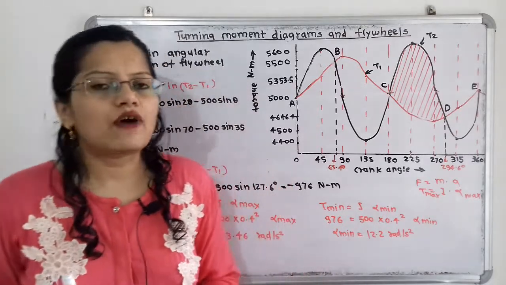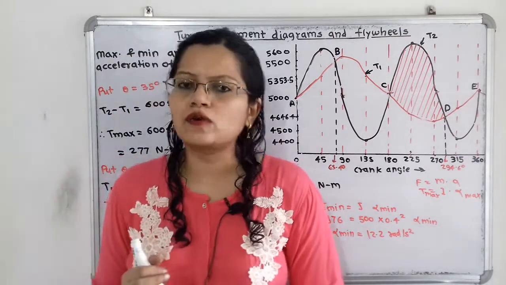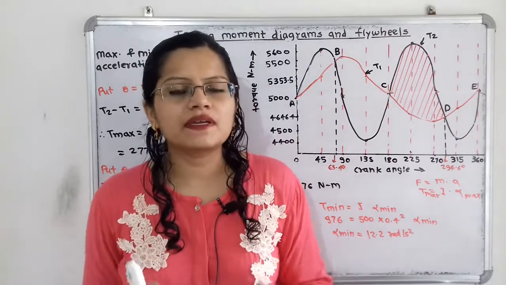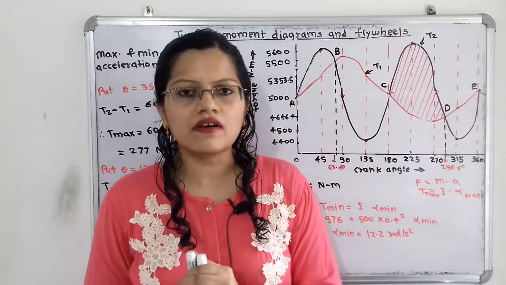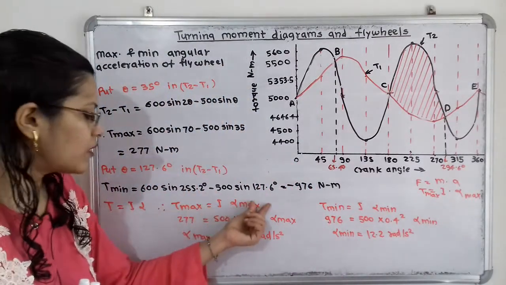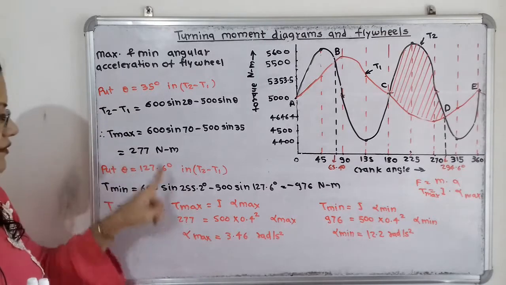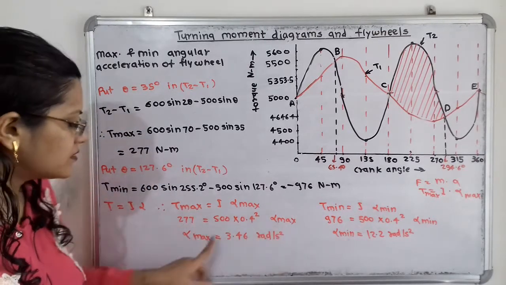We know that the mass moment of inertia I is equal to m into k². The value of m is given, and the radius of gyration is also given in the question. So T max is equal to I into α max, so 277 is equal to 500 into 0.4² into α max.